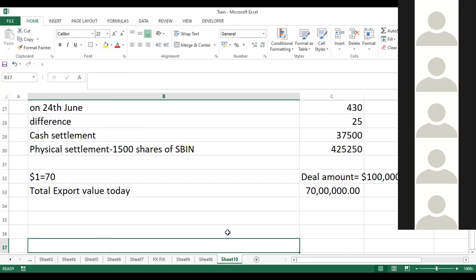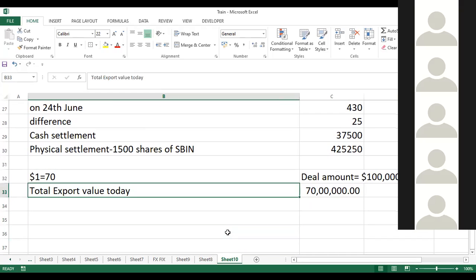That is what the exporter is going to receive if he receives the same rate, that is $1 equal to 70 rupees. That is the money he's going to receive.